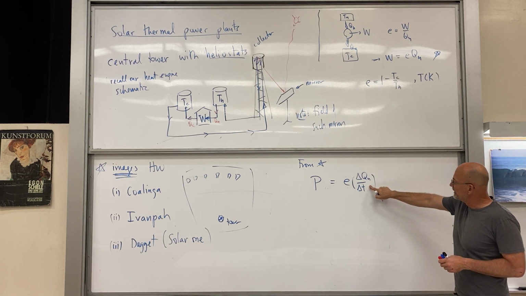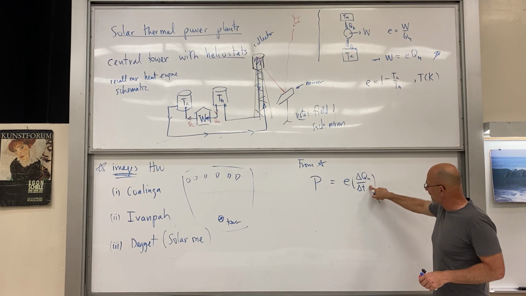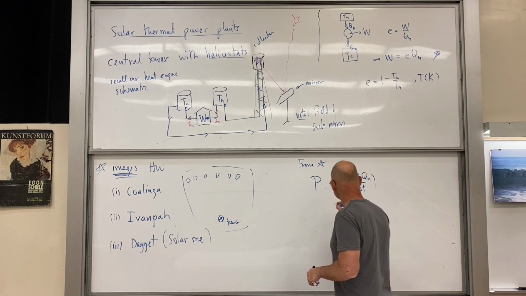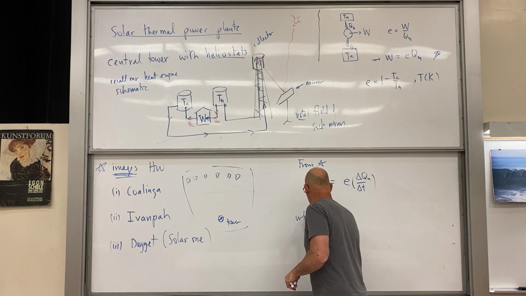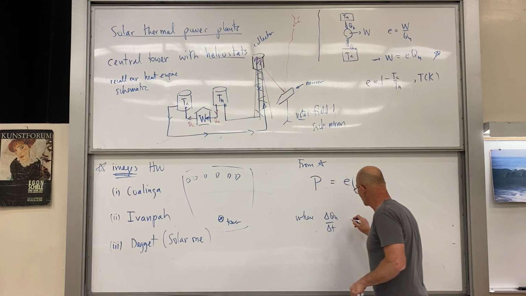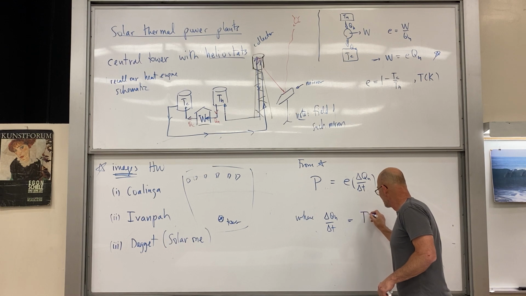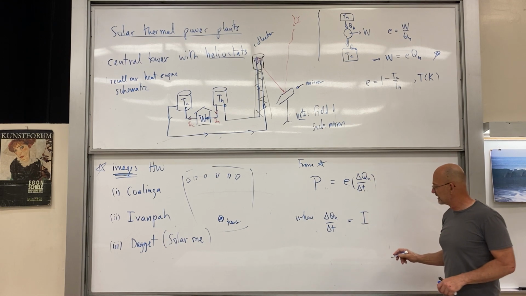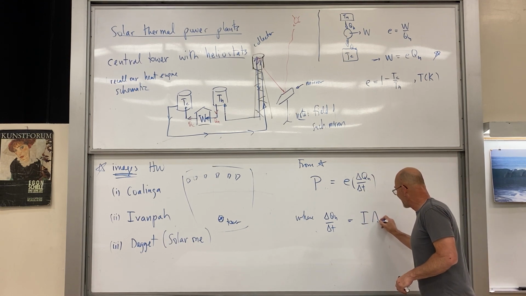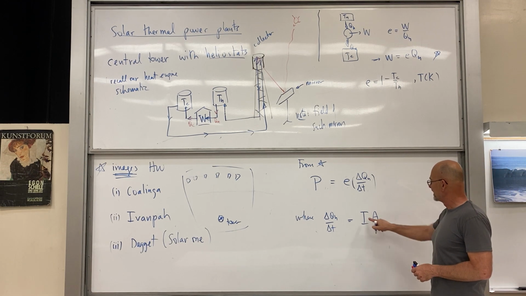And this would be estimated using the solar energy expression, where delta QH over delta T, which is a power, would be equal to I, the solar constant, times A, which is area. I times A.